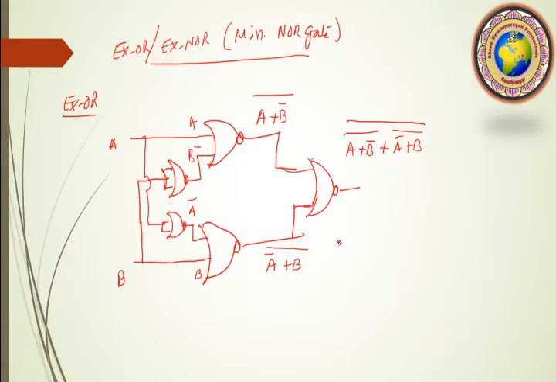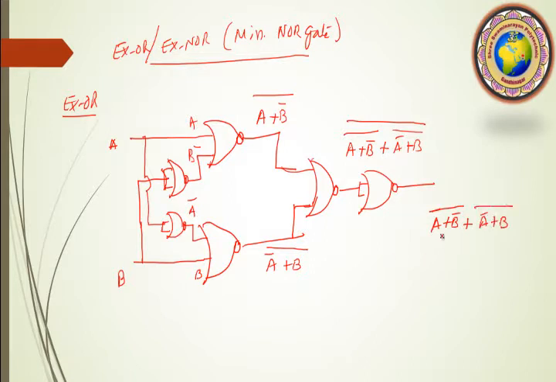Okay, and once again I require another gate here. So what happens, I receive A plus B bar whole bar plus A bar plus B whole bar.